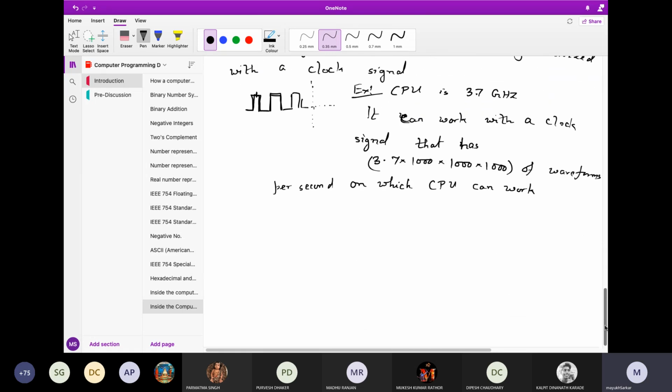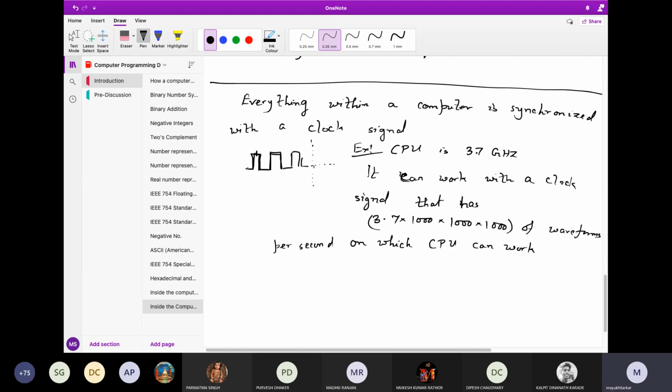Let me give you an example. Everything is synchronized on the clock signal. Now it depends from architecture to architecture. Maybe some CPU can be synchronized when the clock is going from low to high. This is called the rising edge, right? So some operation is going to happen at each rising edge of the clock. Or maybe some computer can be designed to work on the falling edge of the clock.